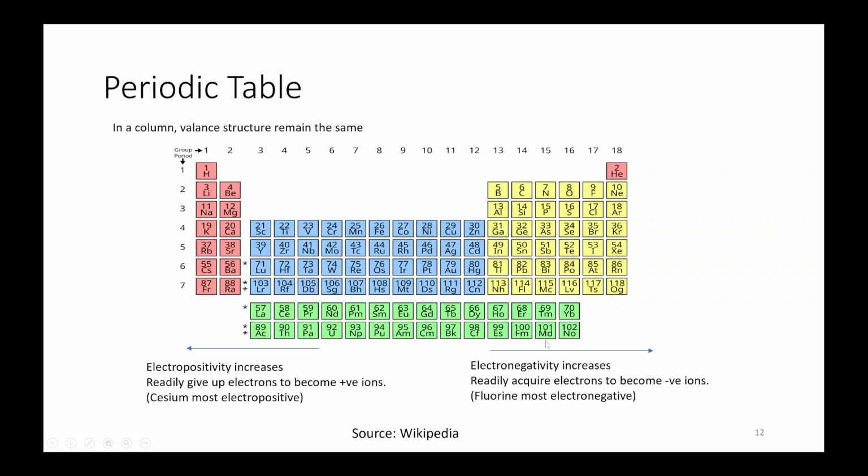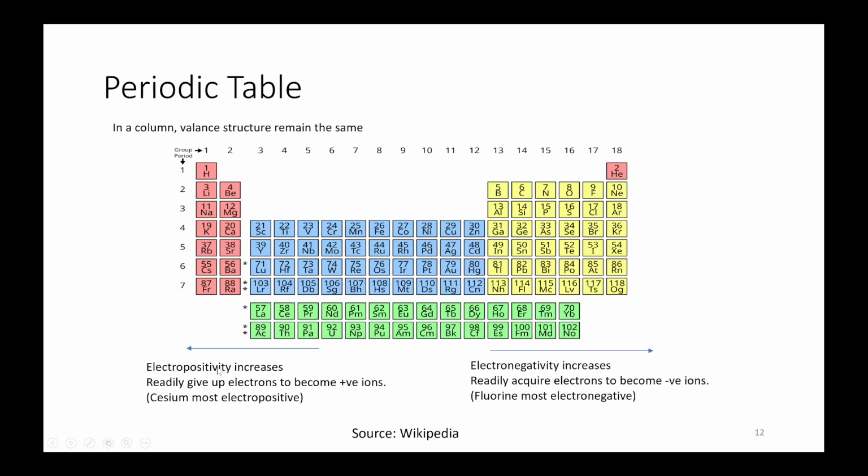And when we move in this direction, right hand side, we'll see that these will have 8 electrons in the outermost shell and these will have 7 electrons. So they will require just 1 electron to fill their outermost shell. So they have a tendency to gain electrons.